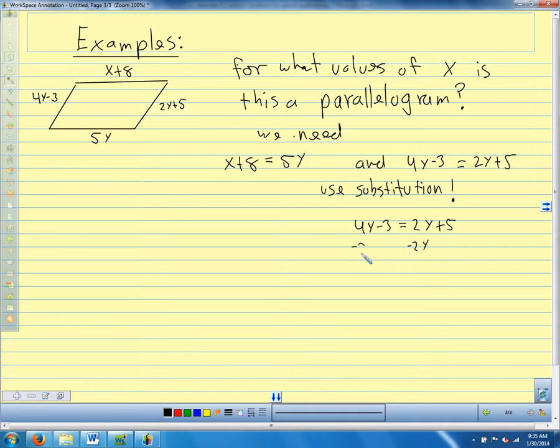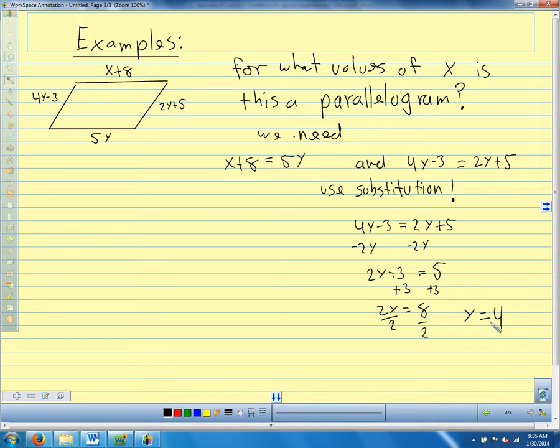Minus 2y. So we get 2y minus 3 equals 5. Add 3. So 2y equals 8. Divide by 2. And y equals 4.